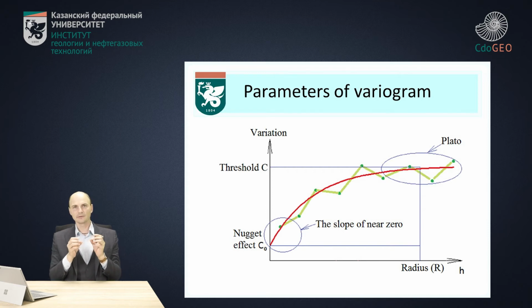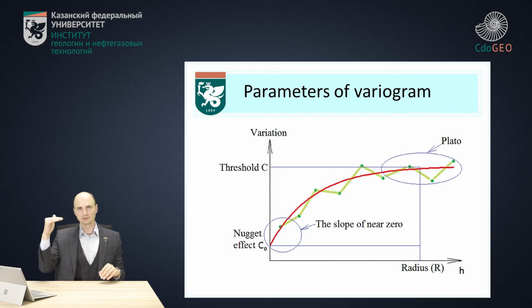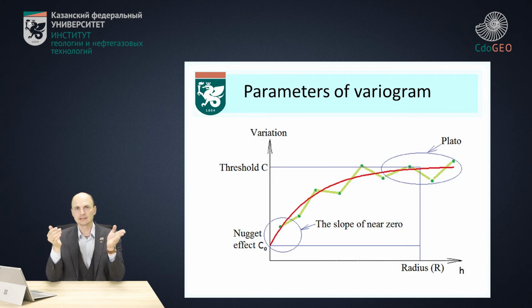The next setting is the radius or the range of the variogram. You see, all theoretical variograms come to a certain plateau, a certain asymptote. Why is it important? As we already discussed, if you take two wells separated by 20 kilometers, or by 200 kilometers, or by 2000 kilometers, it doesn't matter. They are going to be independent.